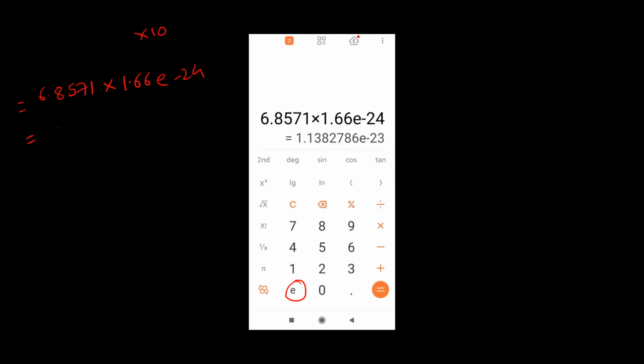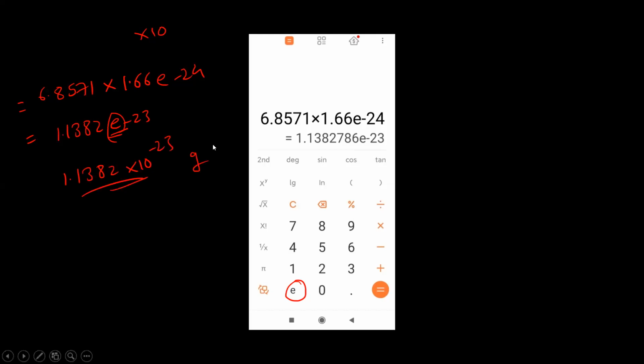So you will get the answer directly like 1.1382, E minus 23. Here E means into 10 raised to minus 23. So this is your final answer, and it is in gram. I hope you understand. Thank you very much.